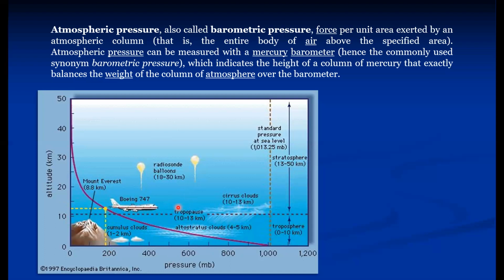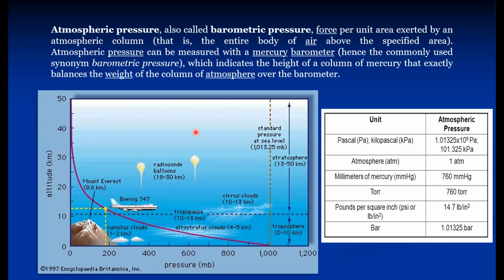So as the height increases from ground level, the atmospheric pressure decreases. This is a graphical representation of the variation of atmospheric pressure with respect to level. Here we can say there is no atmosphere present, because no air molecules are present above 35 kilometers from the ground. So these are some units in which atmospheric pressure can be expressed.